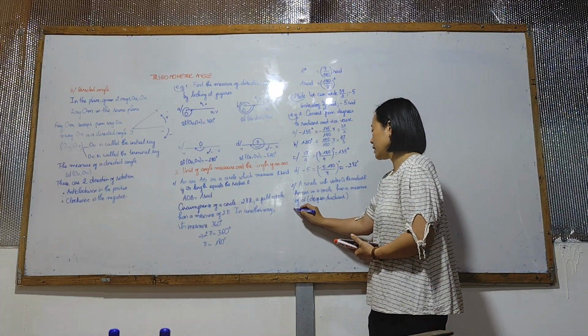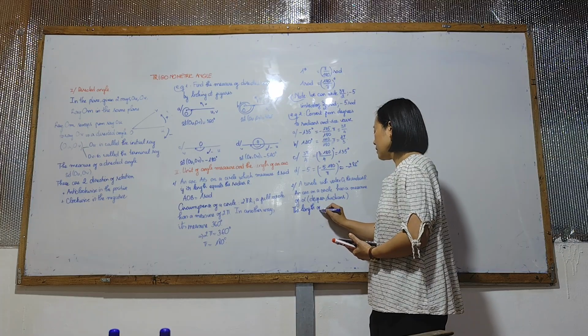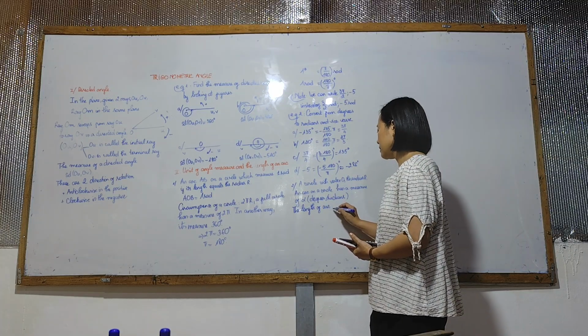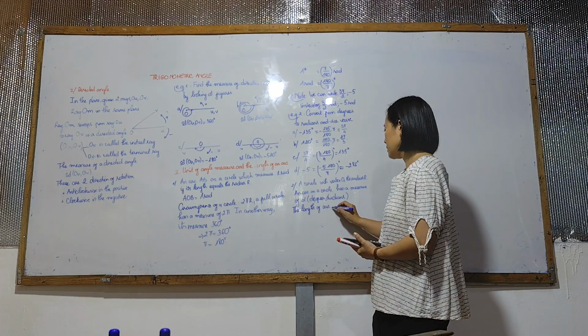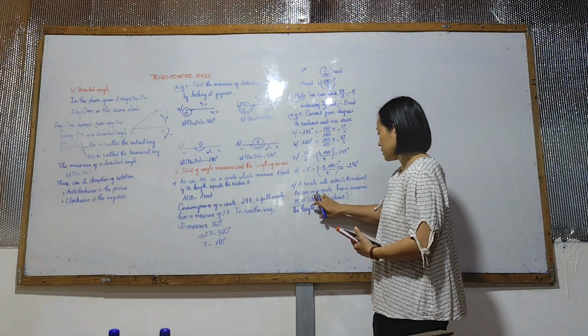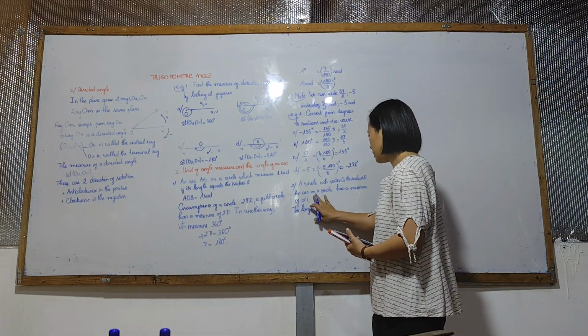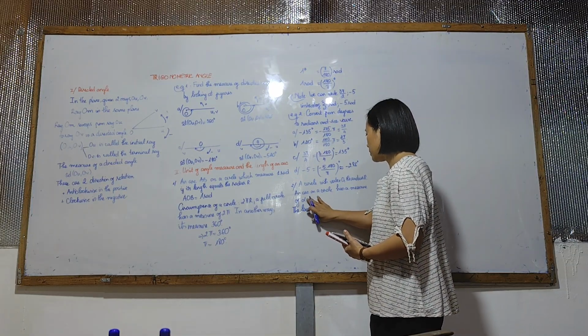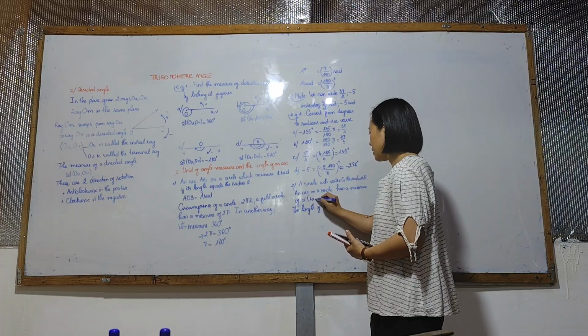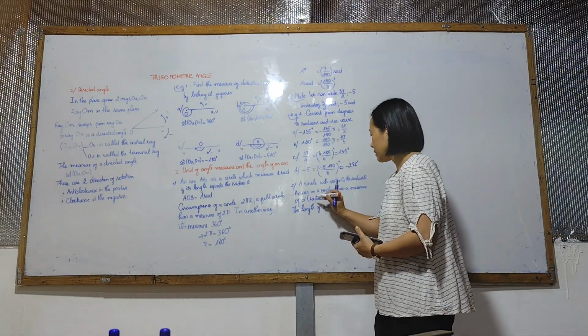Then we can find the length of the arc. Sorry, we must only use alpha in radians.